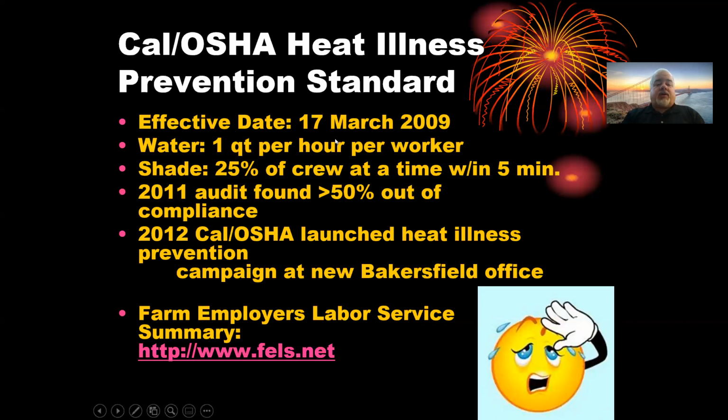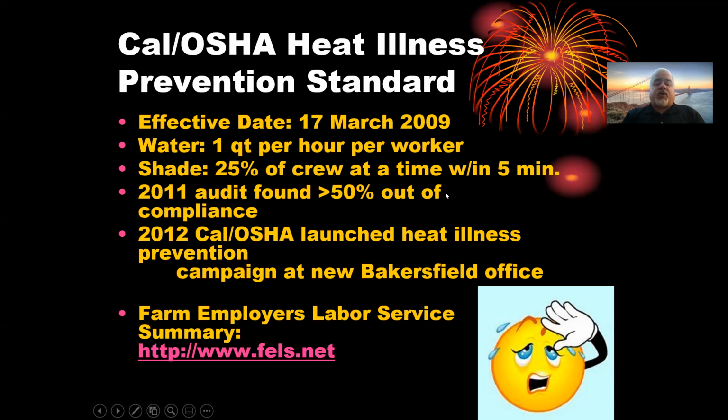Effective on the 17th of March in 2009 is when the modern version of the heat illness prevention standard was implemented. There have been minor tweaks, to my understanding, since 2009, but the meat of it really happened on this particular day with that 1 quart per hour per worker of water.